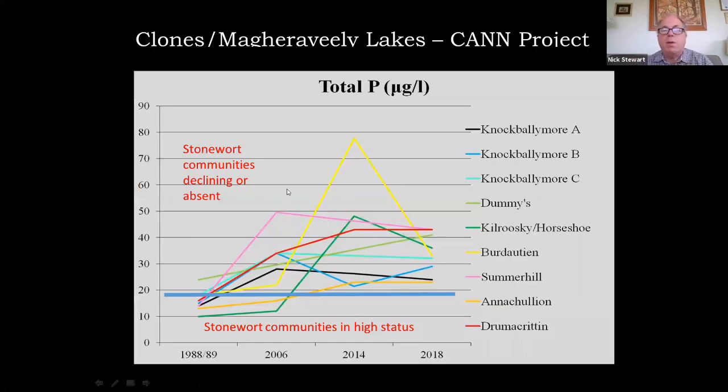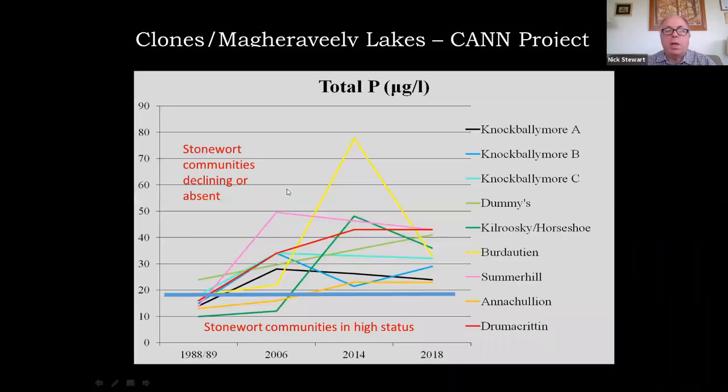This is another example, where we're looking at some lakes on the border between Southern Ireland and Northern Ireland, and it's quite clear that the good stonewort communities are only in this very low range of phosphorus.